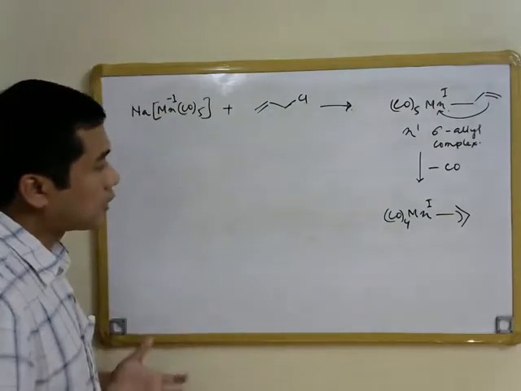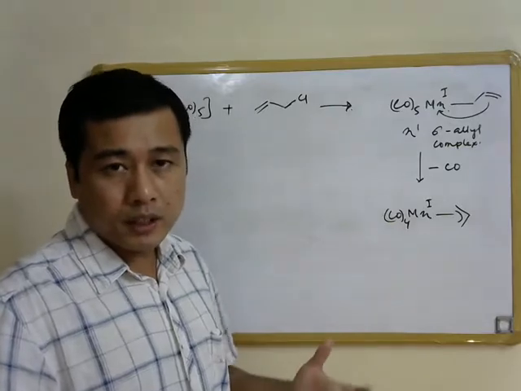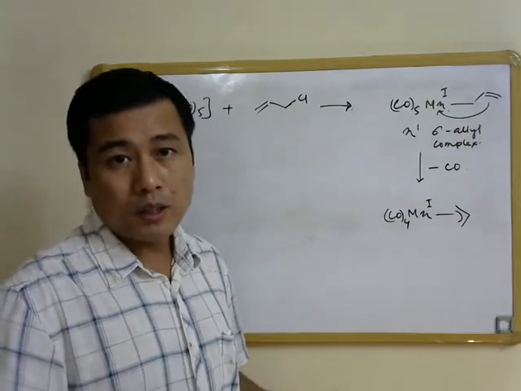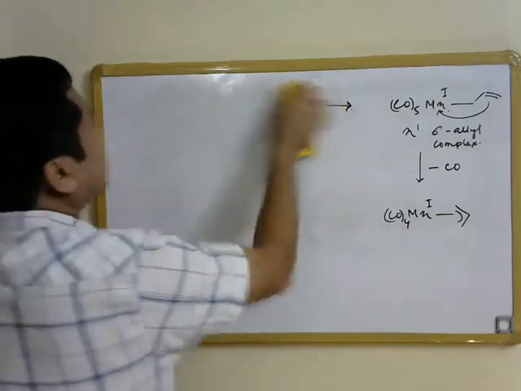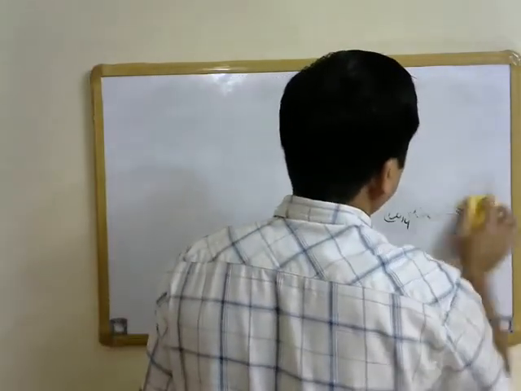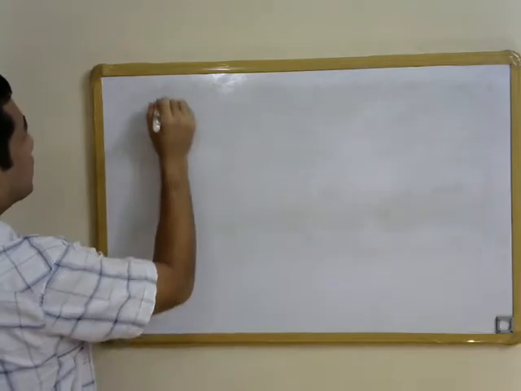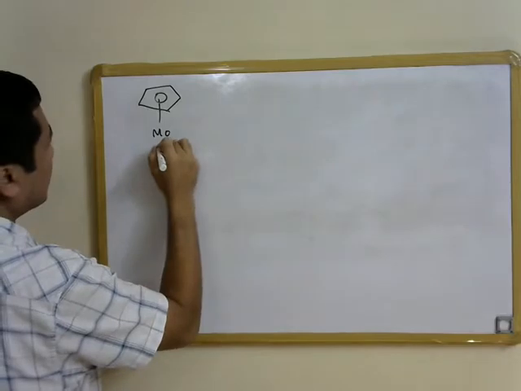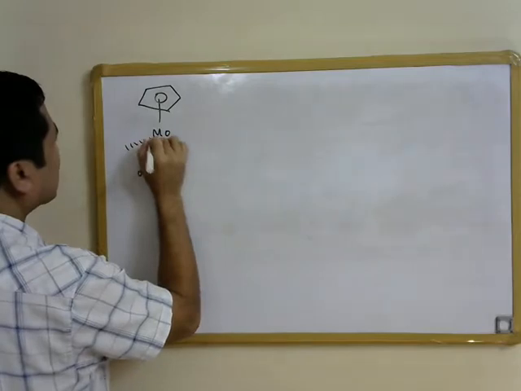So then we can also see other reactions of this type, where photoirradiation of a sigma allyl complex essentially produces a pi allyl complex. So we can take this molybdenum 0 metal carbonyl complex.